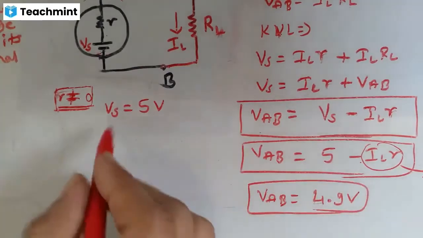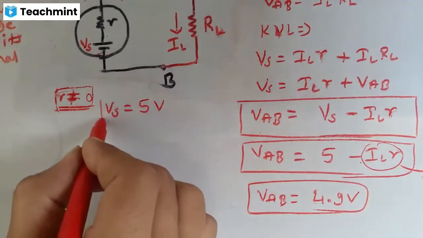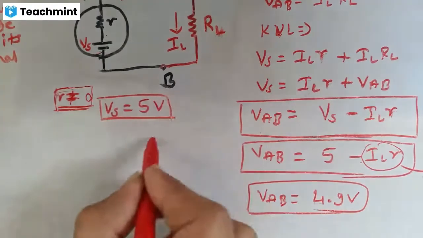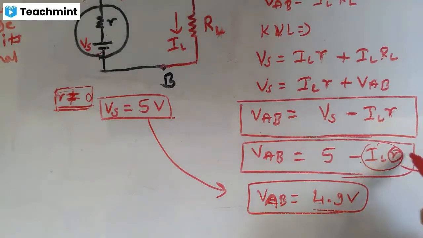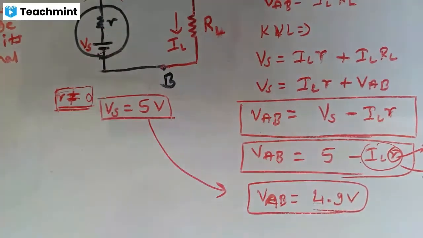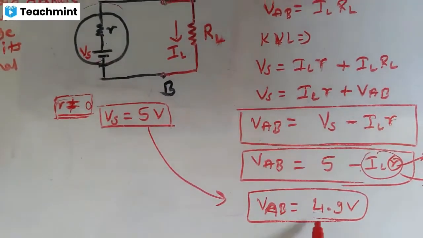The actual voltage is 5 volt, but you are getting 4.9 volt across VAB. Why? R has some value here. Because of that, there is a little voltage drop, 0.1 volt, across this resistor. So you are getting 4.9 volt here, isn't it?